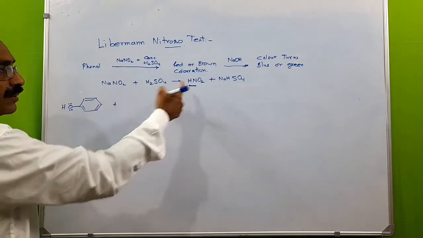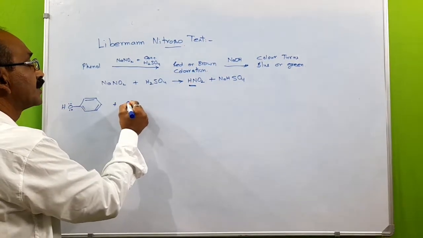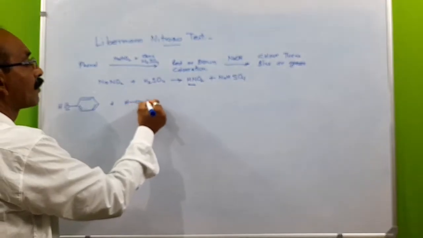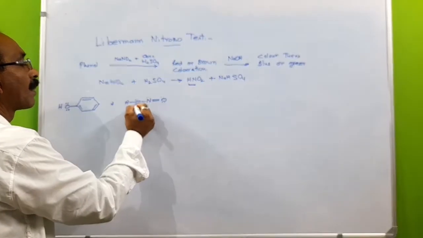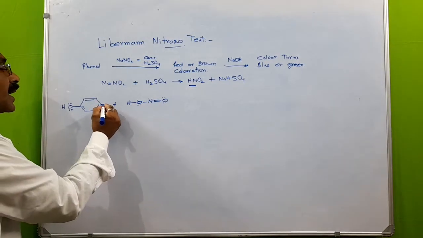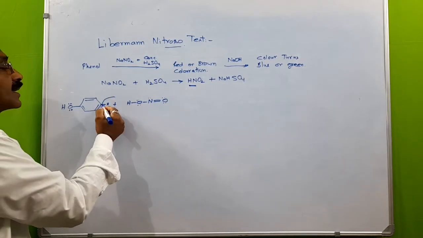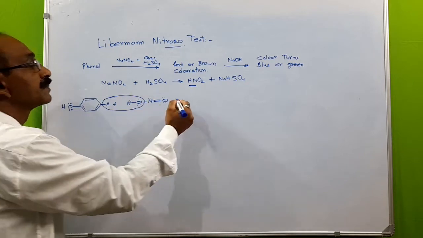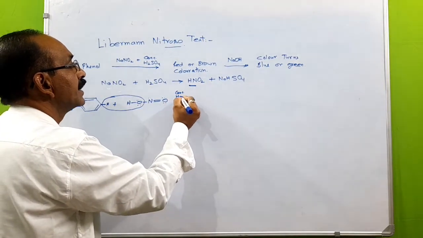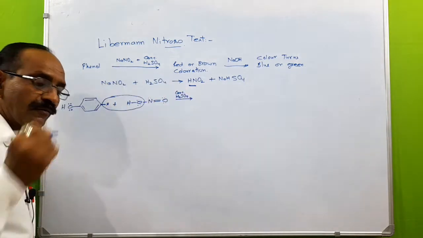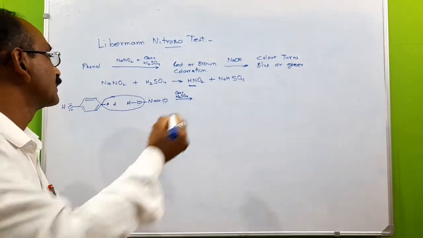Now this phenol reacts with the HNO2. The hydrogen from the para position comes out with the OH in presence of concentrated H2SO4, which is a well-known dehydrating agent too.